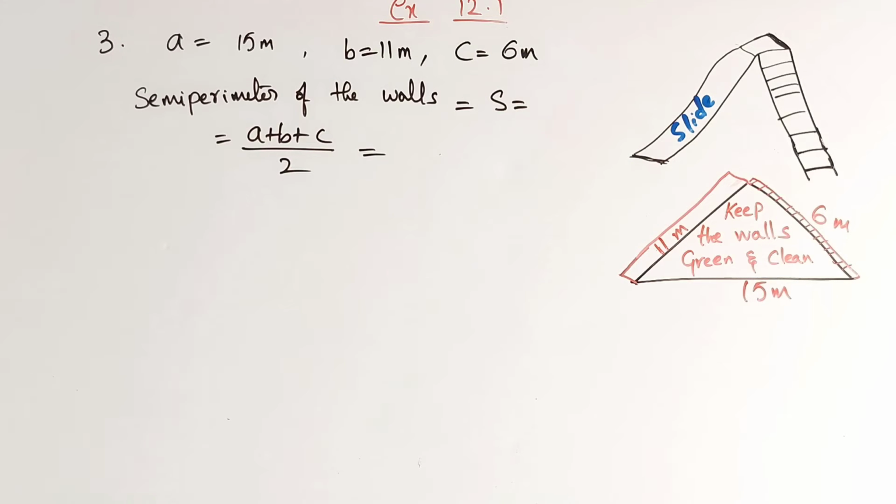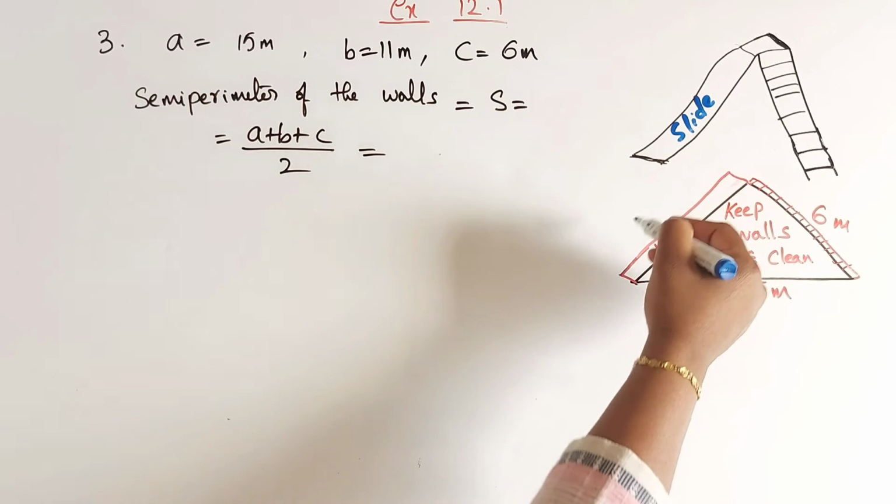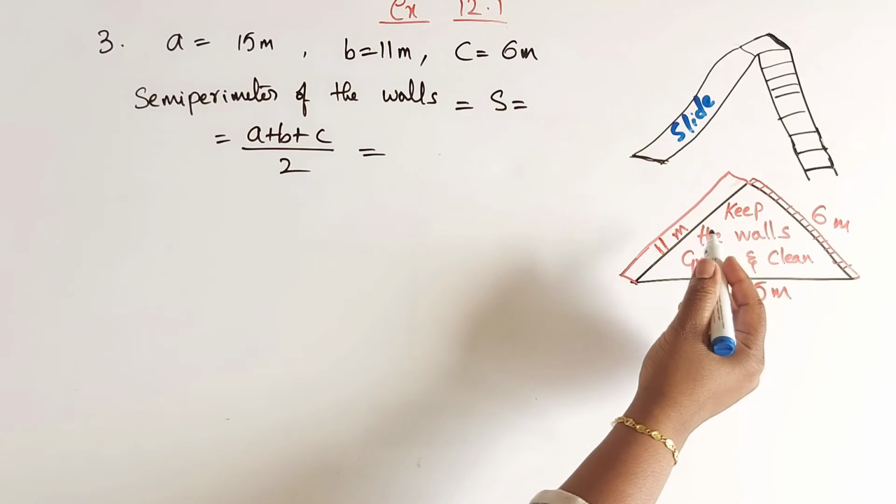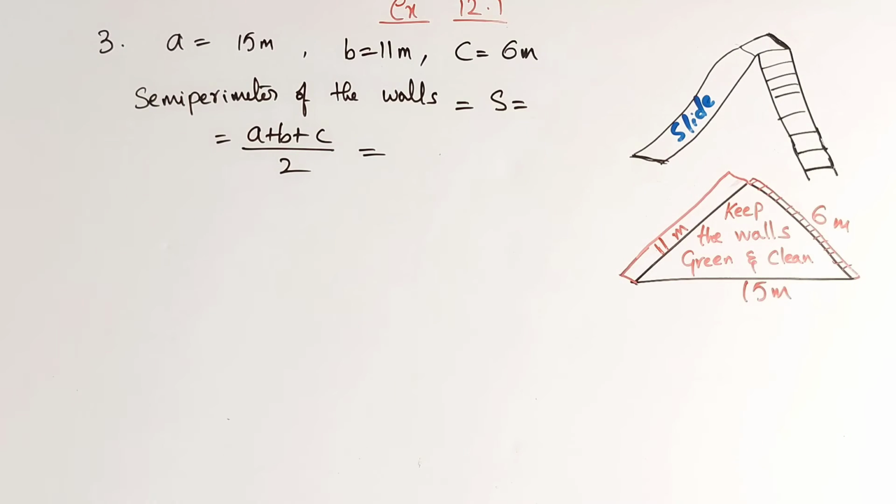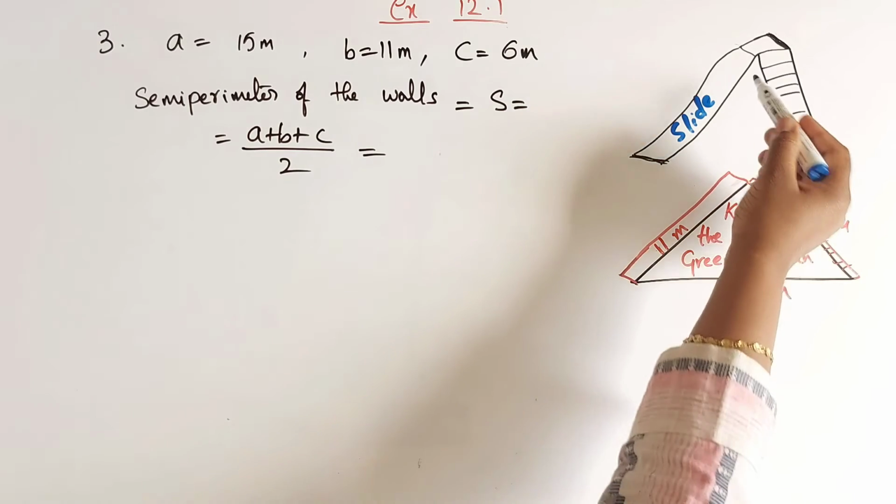Now third question, children. There is a slide in a park. One of its side walls has been painted in some color with a message, keep the park green and clean. If the sides of the walls are 15 meter, 11 meter and 6 meter, find the area painted in color, children. That means think this is a slide.